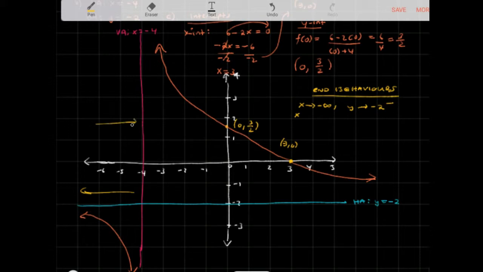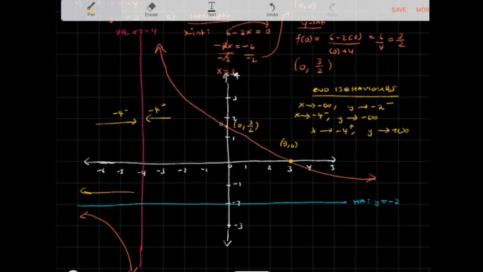Then we also want to check the vertical asymptote. You can approach the vertical asymptote from the left side or the right side. Let's say x approaches -4 from the left side. Let's see what happens to y. As we go this way, you can see that the graph will go towards -infinity. And as x approaches -4 from the right side, y approaches +infinity.